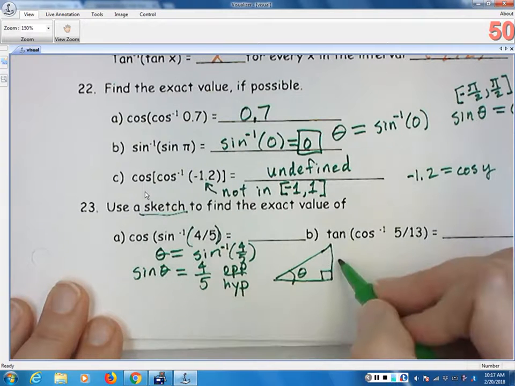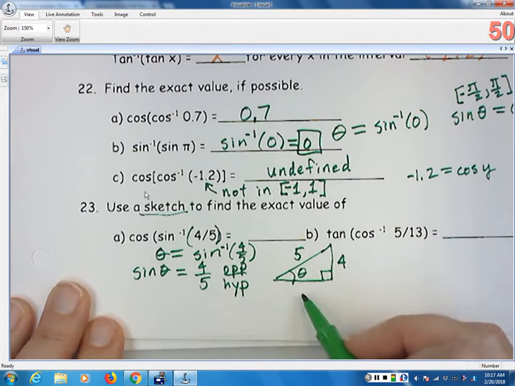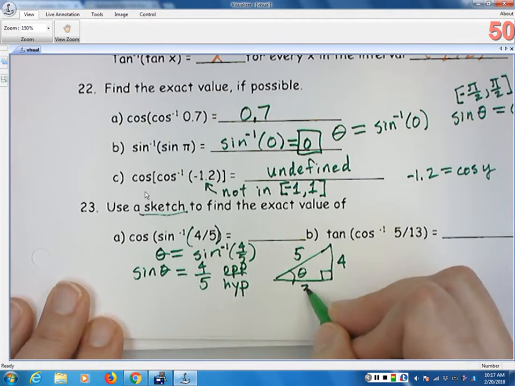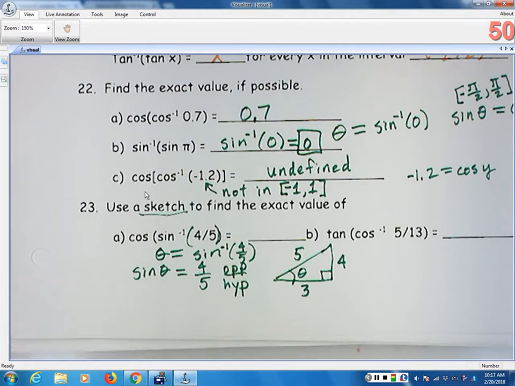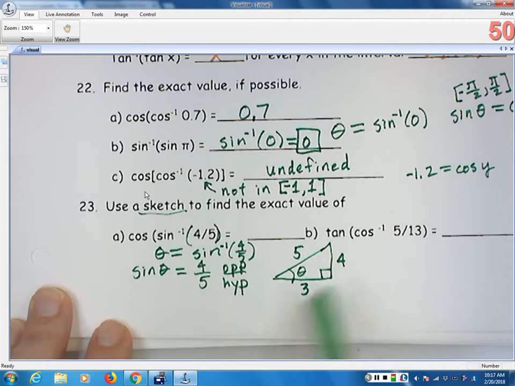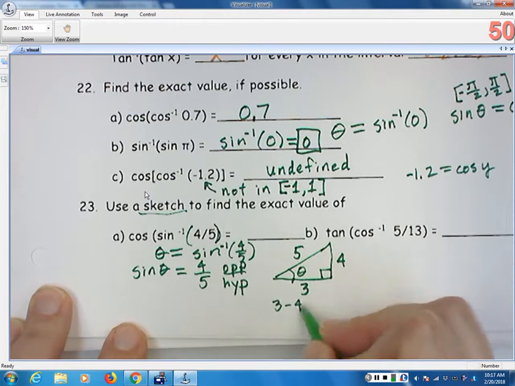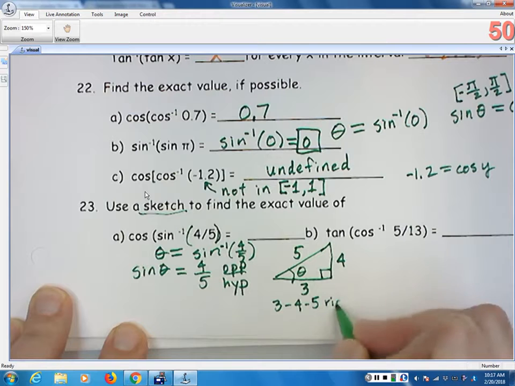This is going to be 4 over 5. What's this number? This is the 3, 4, 5 triangle. There's a 3, 4, 5 triangle that's handy to know. You could take 5 squared minus 4 squared, which is 9, so that's 3. But this is the 3, 4, 5 right triangle.